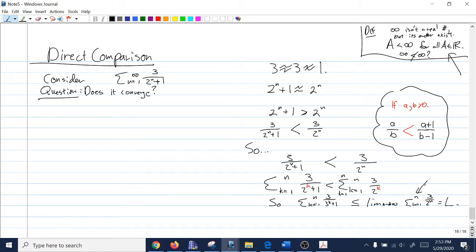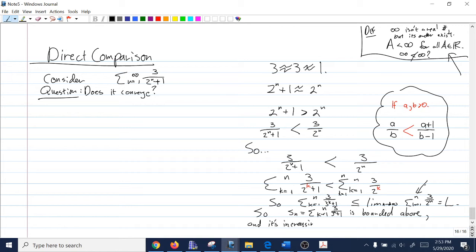This limit exists. So Sn, the sum from k equals 1 to n of 3 over 3 to the k plus 1, is bounded above. I know it's bounded above because I just said it's less than this number L. And it's increasing. Why is it increasing?